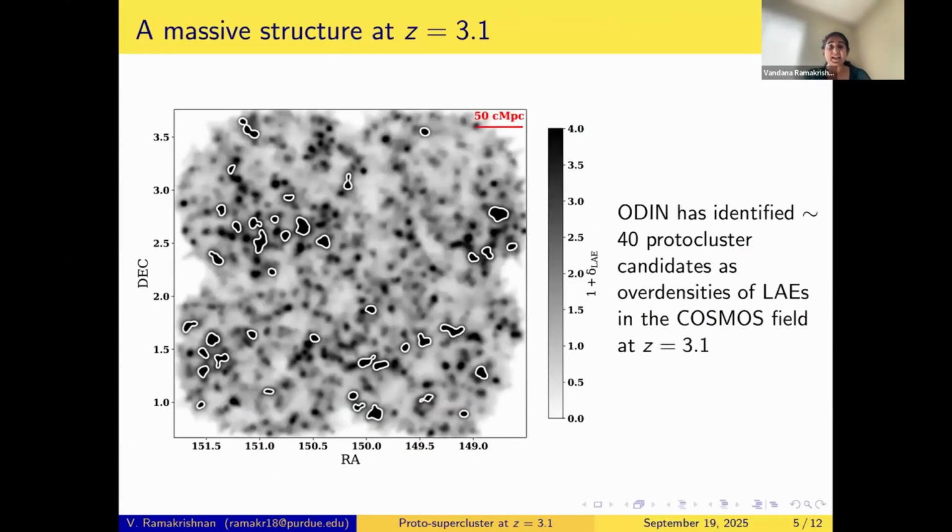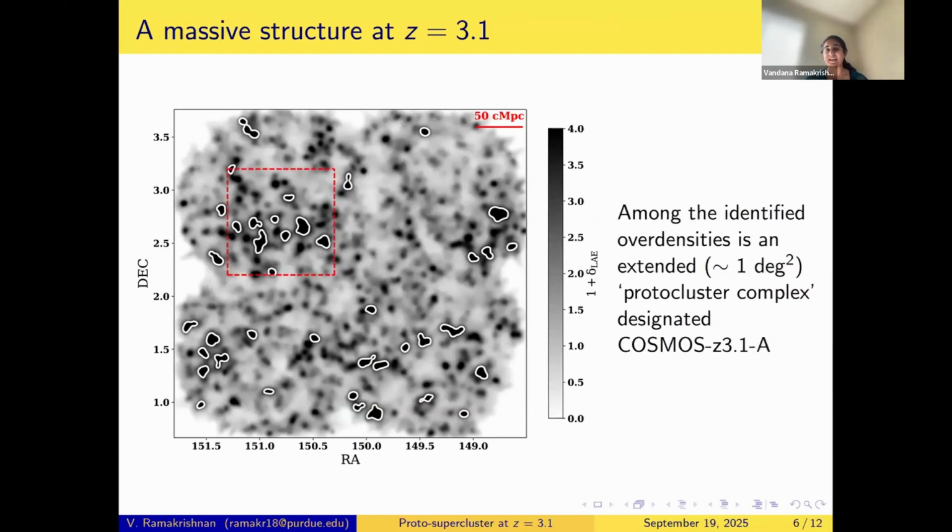So Odin has identified about 40 protocluster candidates at redshift 3.1 in the extended COSMOS field. And among the protocluster candidates we've identified, there is one particular region in the surface density map of the LAEs which jumps out, right? And that's the region highlighted in the red box here. So in this region, we have multiple closely associated protoclusters spanning an almost 1 degree squared region, right?